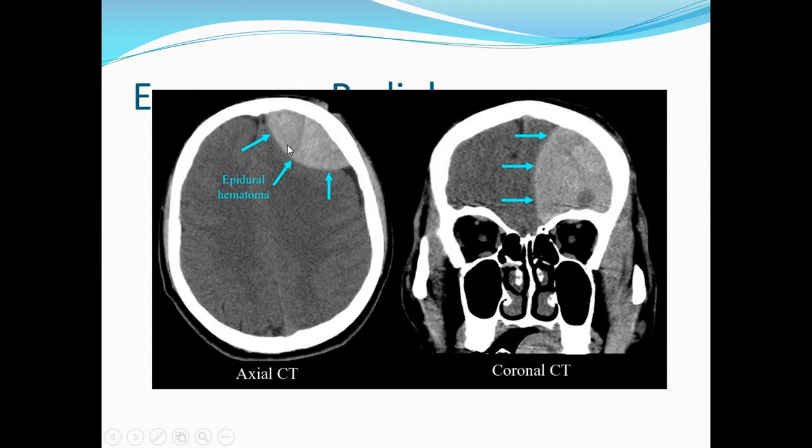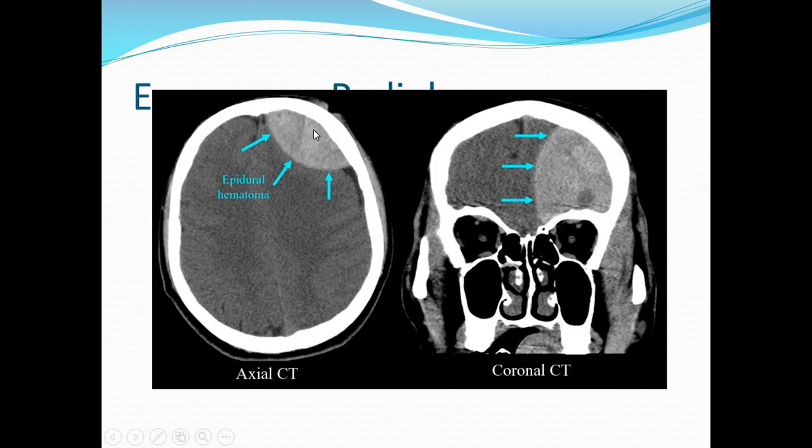It might cause some brain edema, and it might result in midline shift, this thing, and the patient might have lucid interval in this case. And if it is large enough and causing compression over the adjacent brain parenchyma and causing herniation of the brain tissue, so we can have burr hole here and can evacuate this by the neurosurgeon.